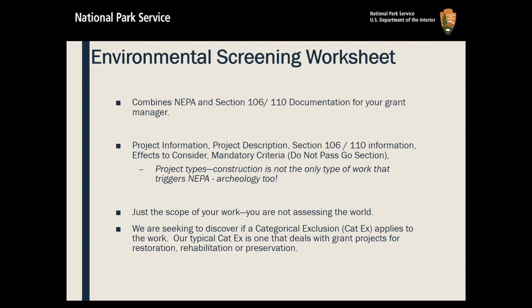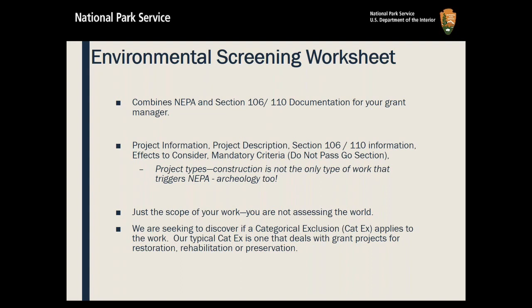So because we don't know the ins and outs of your project the way you do, we ask that you would fill out what we call an environmental screening worksheet. And again, this is only for development projects, pre-development projects that include testing of some sort, like if any of you on the phone are going to do dendrochronology or something like that, and also archaeology.